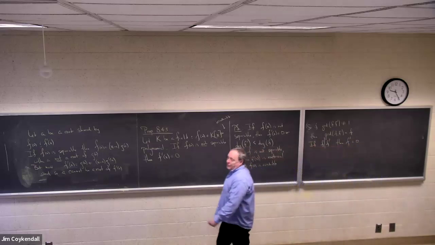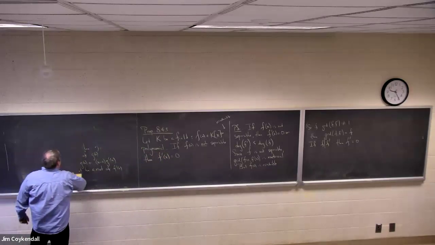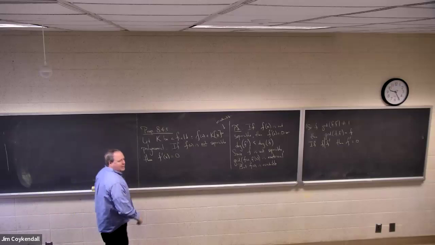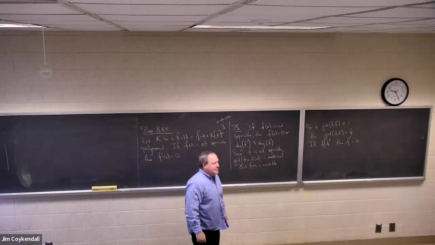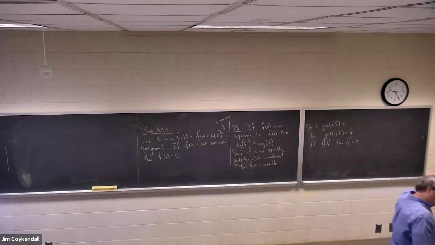This is powerful. Can anybody think of what might be an important corollary here? How many times have you ever taken the derivative of a polynomial and gotten zero? Probably only if it's constant, right?